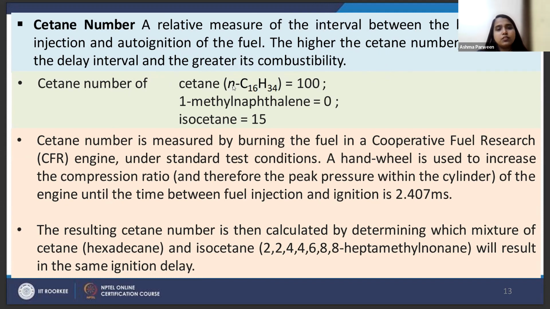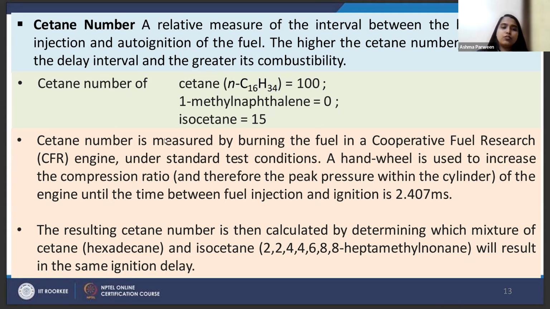Cetane has a cetane number of 100, methyl naphthalene has 0, and isocetane has 15. The fuel with the highest cetane number will have the highest combustibility.